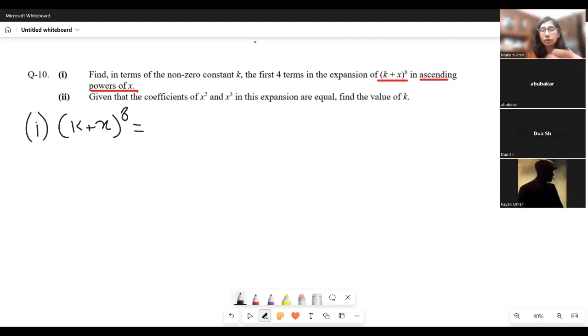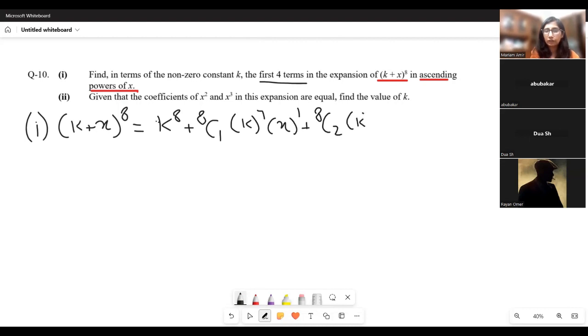Okay, so that is going to be k power 8 plus 8c1, we need the 4 terms, then k power 7 and x power 1. Then 8c2, k power 6 and x squared, and then the 4th term is 8c3, k power 5 and x power 3.